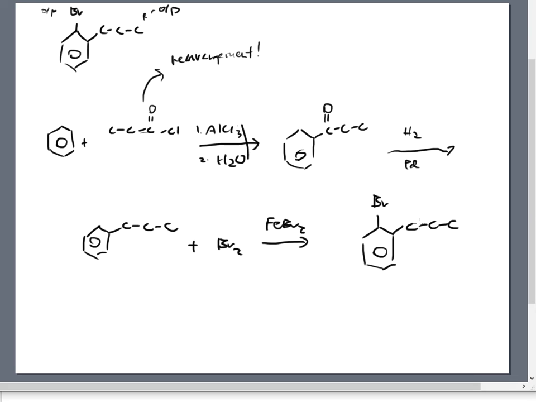After the acylation, we destroy that carbon double bond O with H2. That H2 will then destroy the double bond characteristic, giving me the alkyl group, which is what I needed. And then we brominate it in order to place the bromine on the ortho spot. All right, so there is the answer for A.